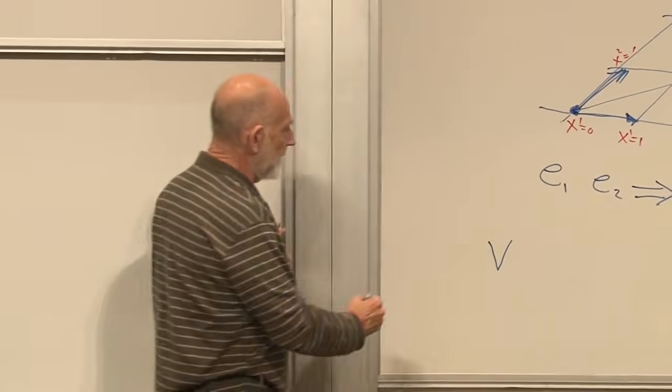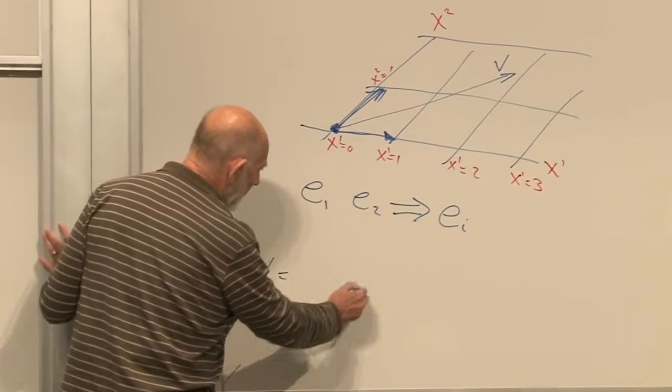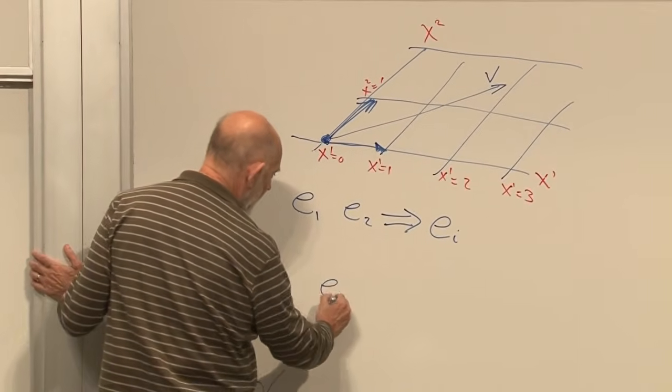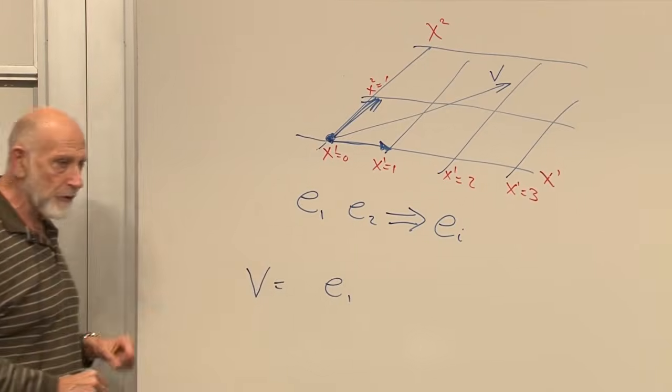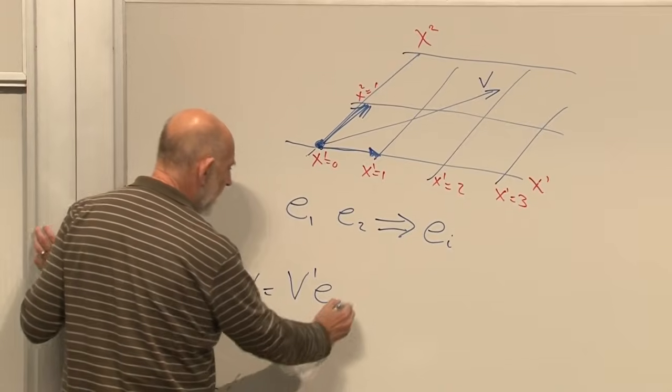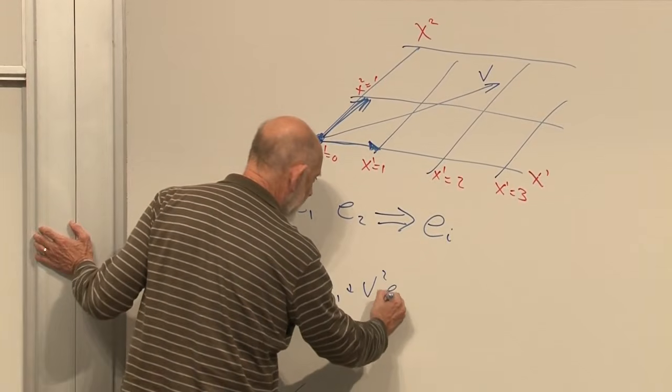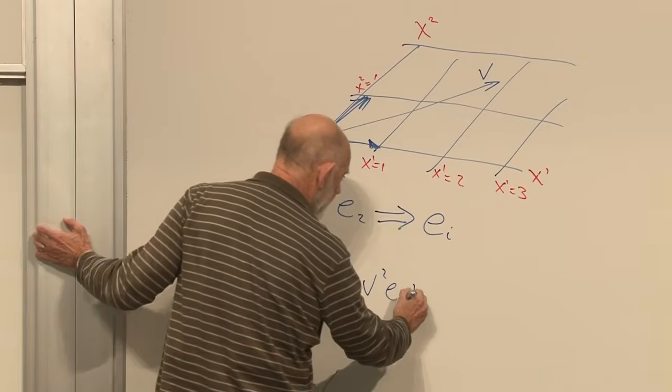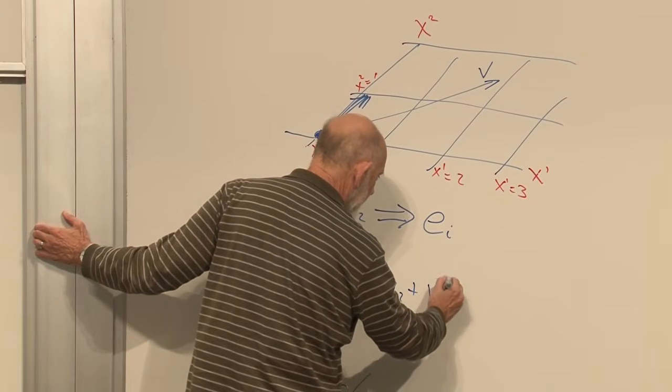In other words, it can be expanded as a sum of terms, the first one having E1, and the coefficient of E1 we'll call V1, plus V2 E2, plus V3 E3.